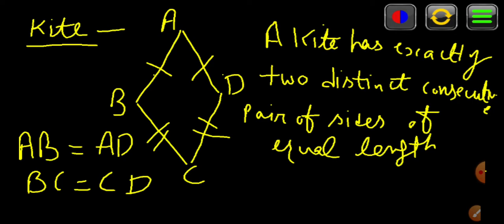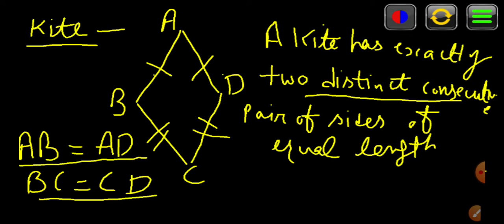Four sides and exactly two distinct consecutive pairs of sides are of equal length. This figure is called a kite. Clear children? Where AB is equal to AD and BC is equal to CD.